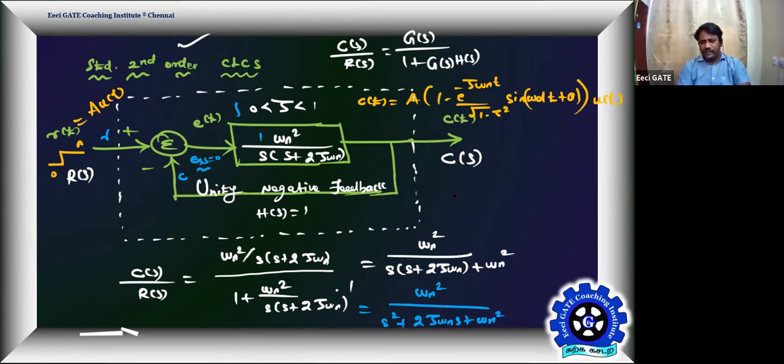If you plot the response, it begins from 0, then oscillates and settles to A. Instead of AK, it is going to settle to A. That's what c/r equal to 1 means.